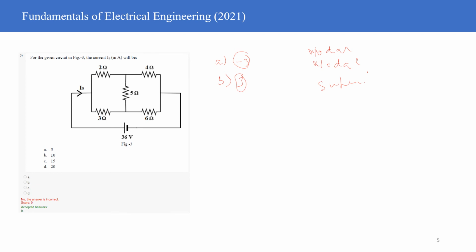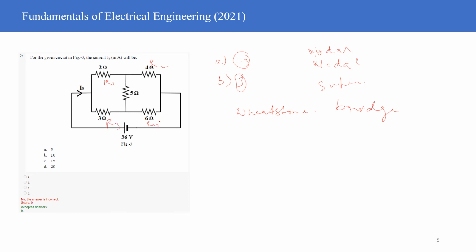So let's come to question number 3. We are running short of time now. Tell me how we are going to solve this question. Is this a balanced Wheatstone bridge? Have you heard of the term Wheatstone? I can name these as R1, R2, R3, R4.